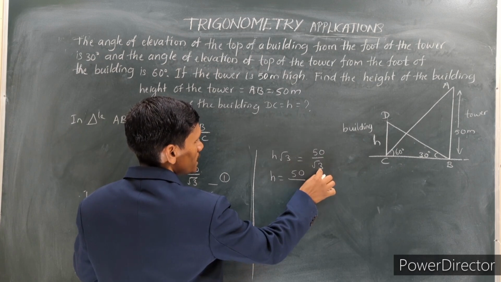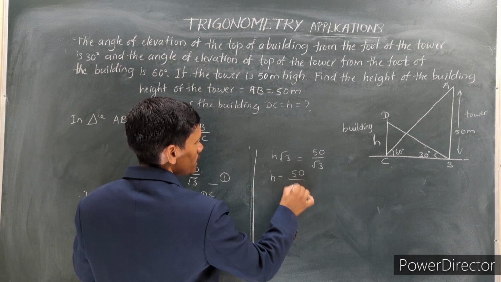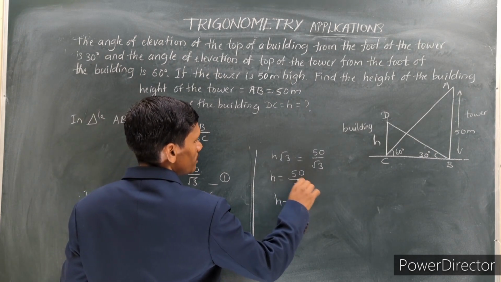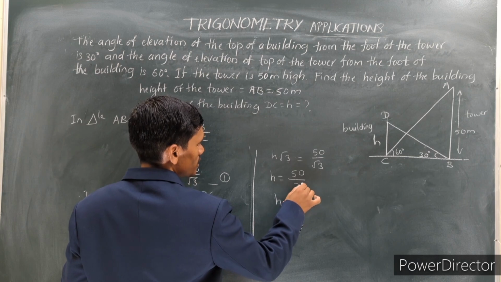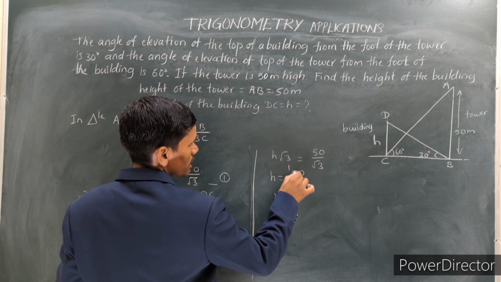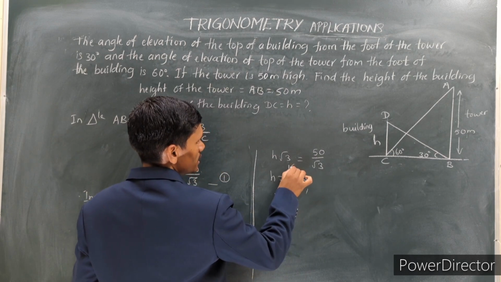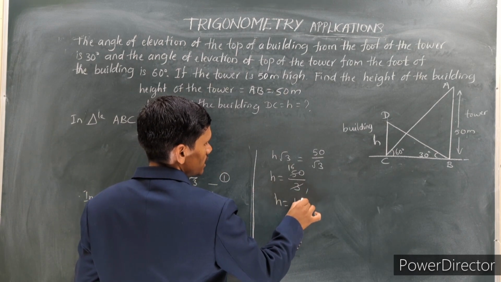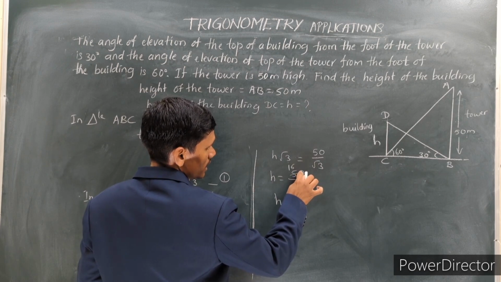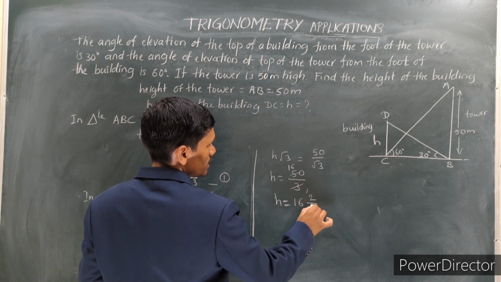This root 3, if you bring this side, root 3 into root 3, the root gets cancelled. What remains? 3 remains, right? So h equals 50 by 3. If you cancel this, how much do we get? 3 sixteens are 18, 20 minus 18 is 2, 2 remains, so that is 16 and 2 by 3, the denominator is 3.